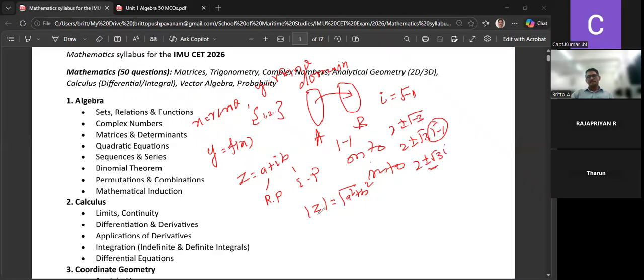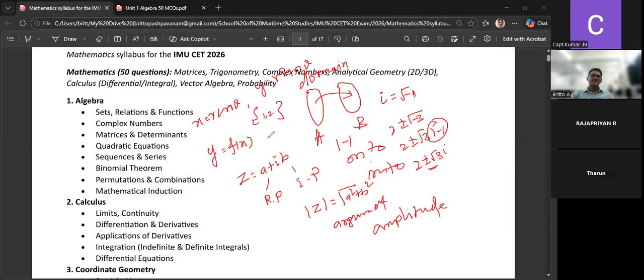Okay? So in the complex number, problems may come finding the argument, then amplitude. These are all questions that may come. What is argument? Argument means, right? Argument, then amplitude.